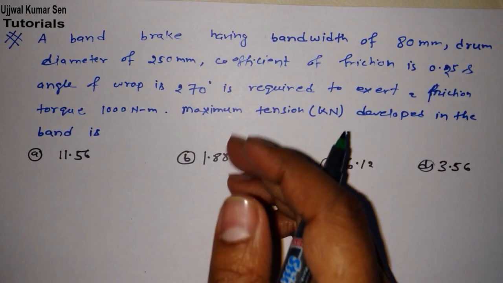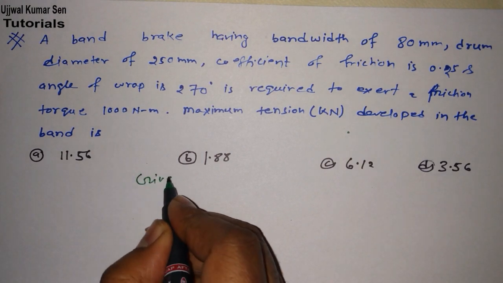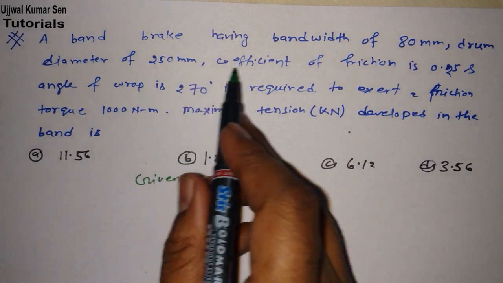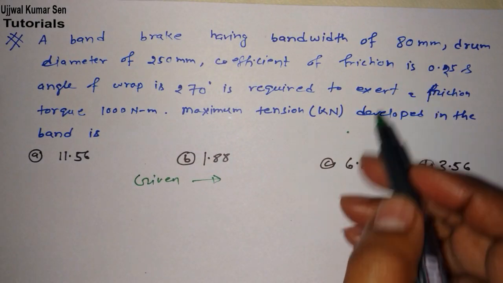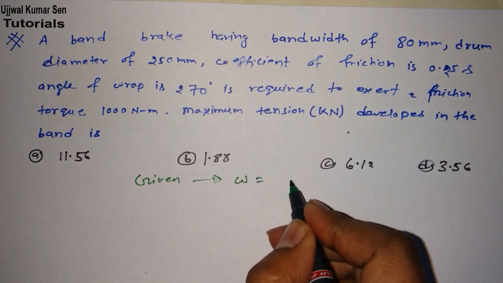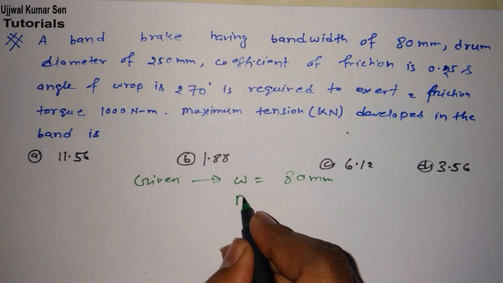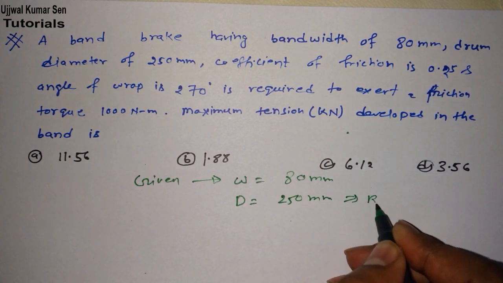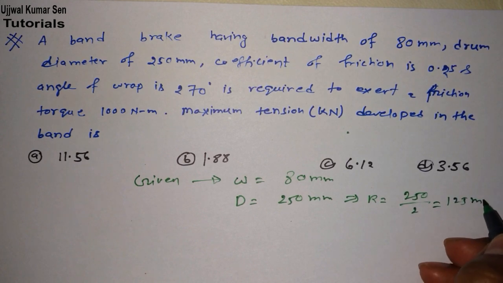First of all we have to read the question, and while reading we have to write down what is given. We have a bandwidth, let's say W is equal to 80 mm. The diameter is, let's say, 250 mm. Therefore we can say the radius is 250 by 2, which is 125 mm.